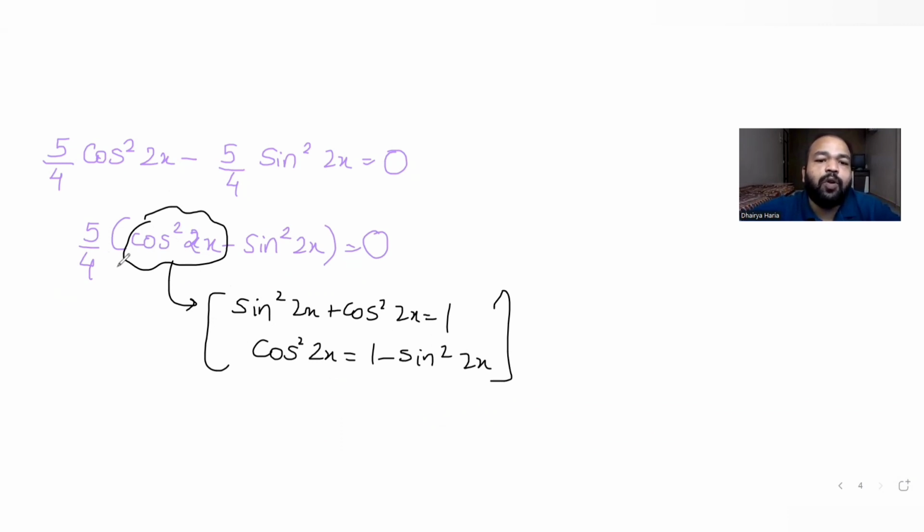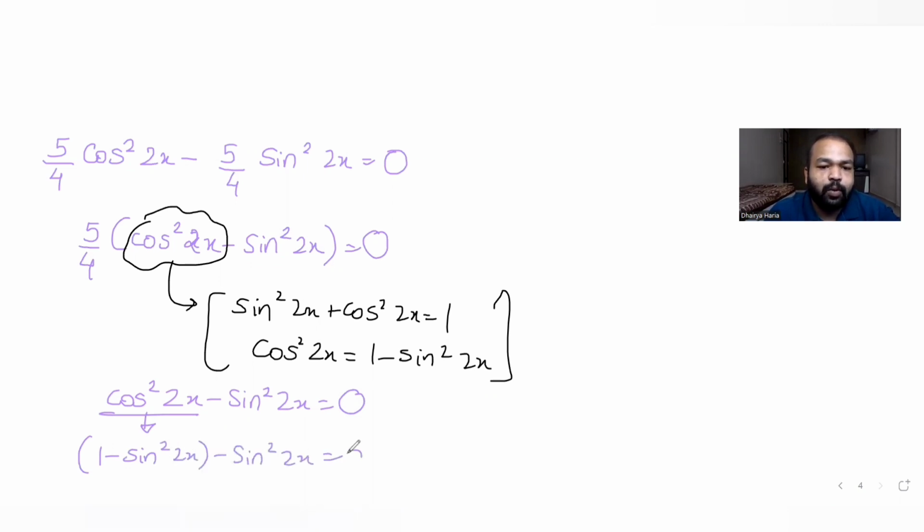And 5 by 4, if it goes on the other side, gets multiplied and becomes 0. So you are left with only this term, cos square 2x minus sine square 2x is equal to 0. If I write cos square 2x as 1 minus sine square 2x, then 1 minus sine square 2x minus sine square 2x is equal to 0. You get 1 minus 2 sine square 2x is equal to 0.